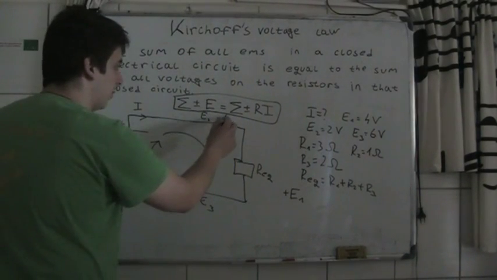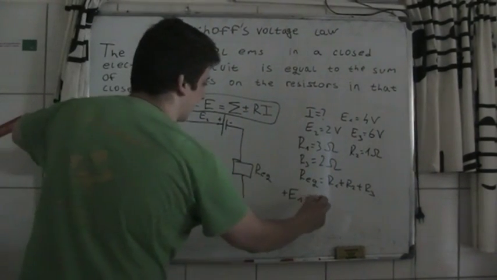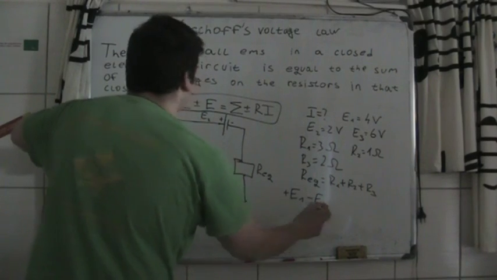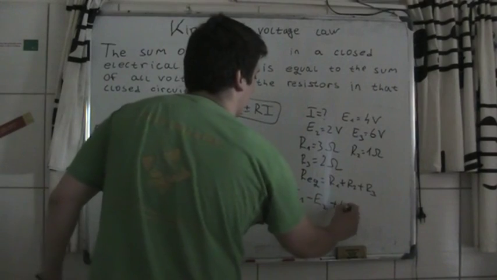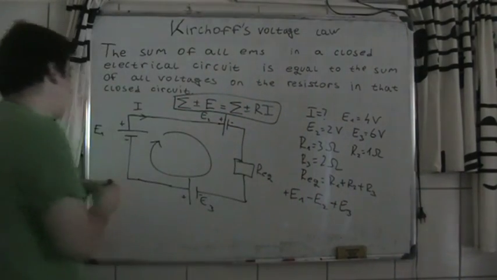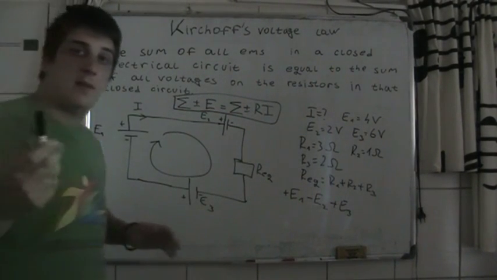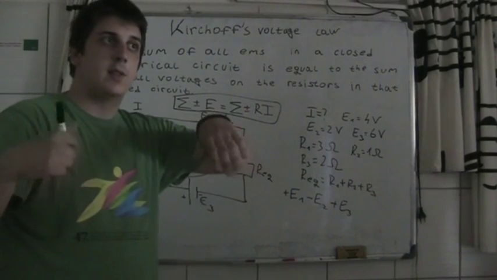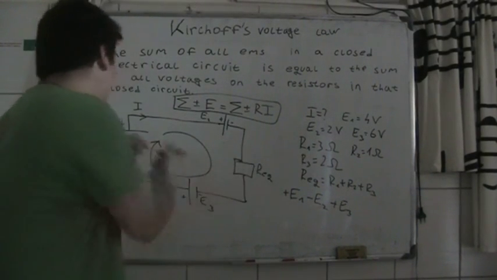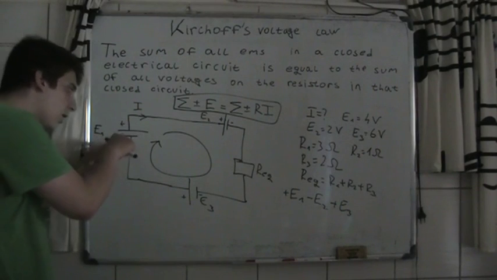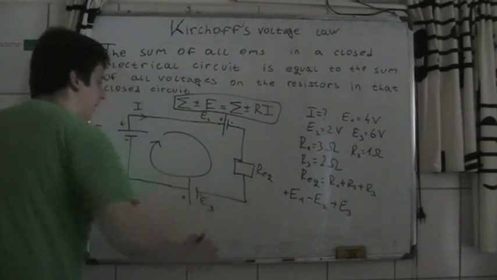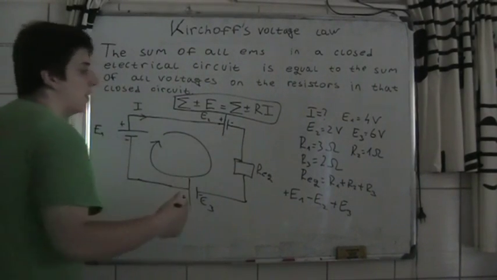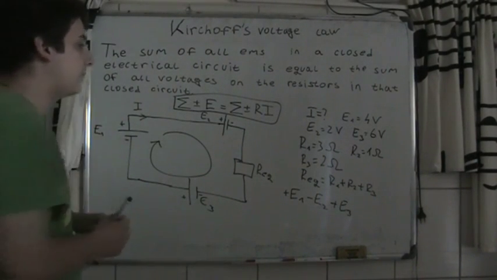If it comes into the plus sign, you put a minus E2. And if it comes to the minus, you put a plus E3. Why? Because it's normal for a battery that its EMF looks from the minus to the plus sign. So if you come into the minus sign, you put a plus. If you come into the plus sign, you put a minus sign.